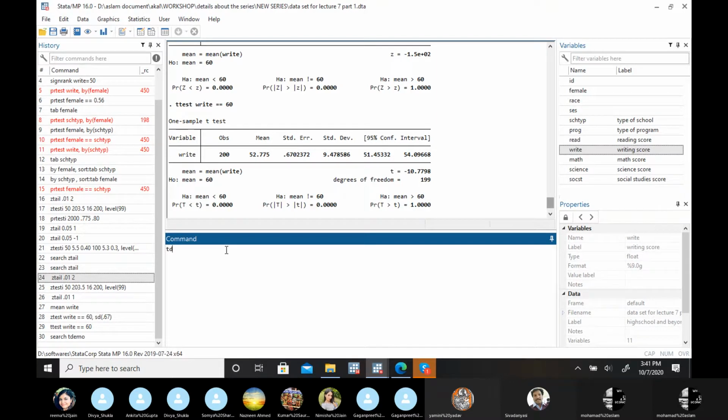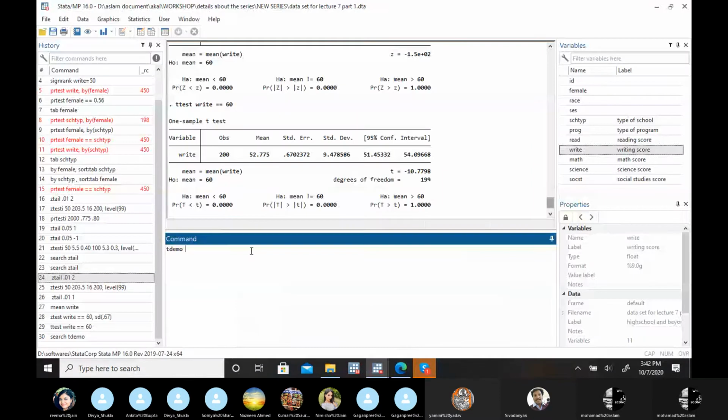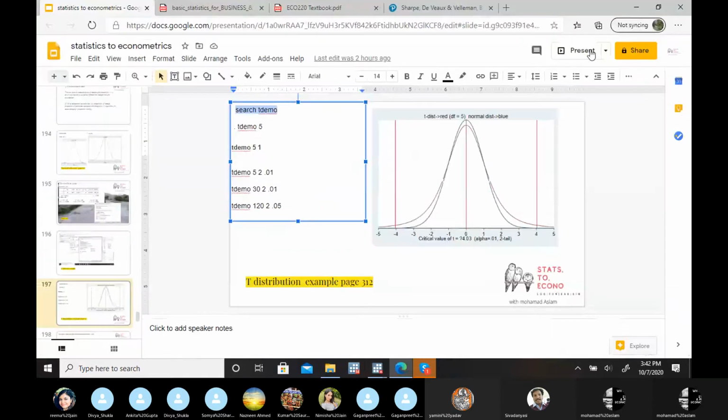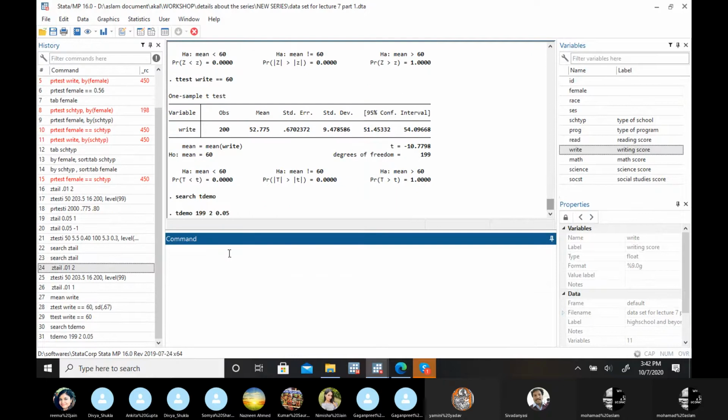So tdemo. First you have to enter the degrees of freedom, that is 199. Then if it's a two tail, enter 2, and then the level of significance.